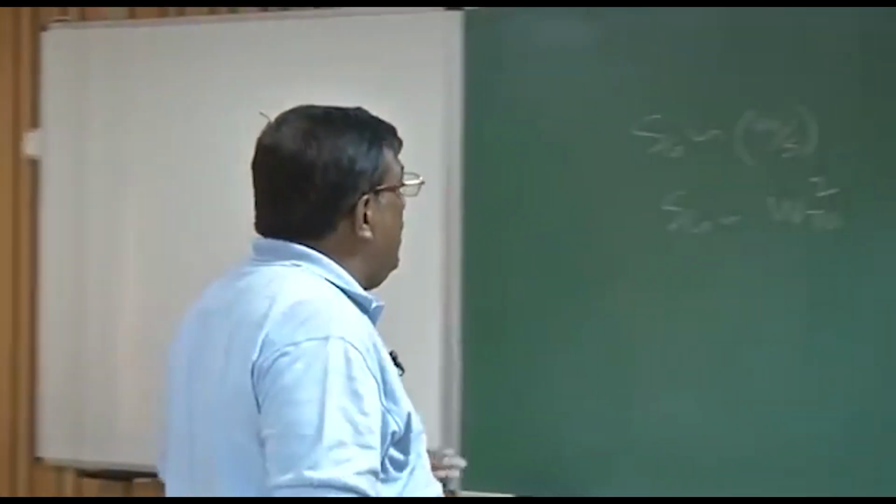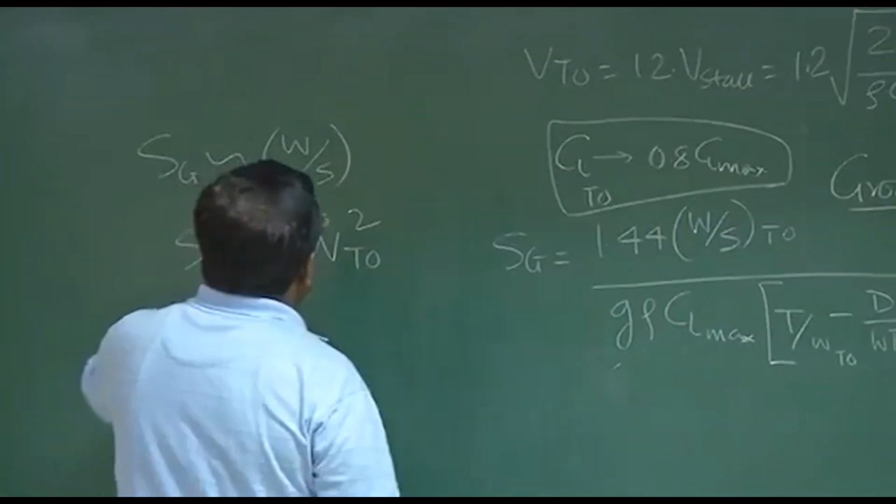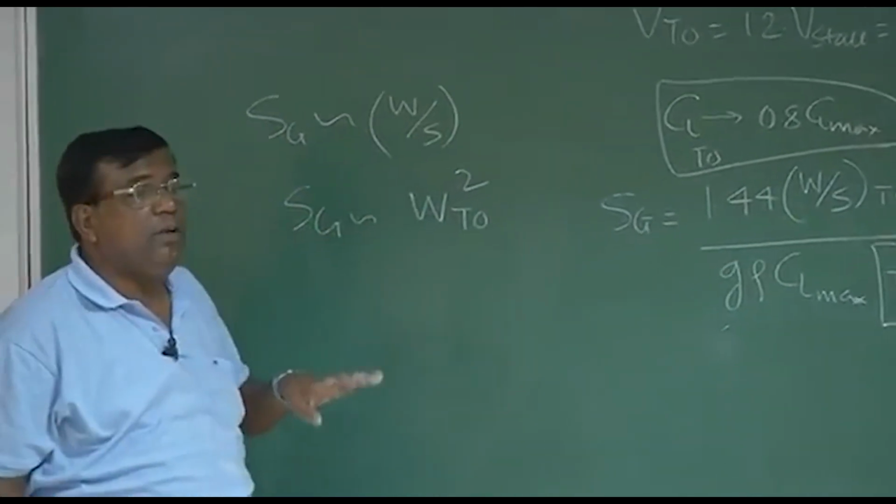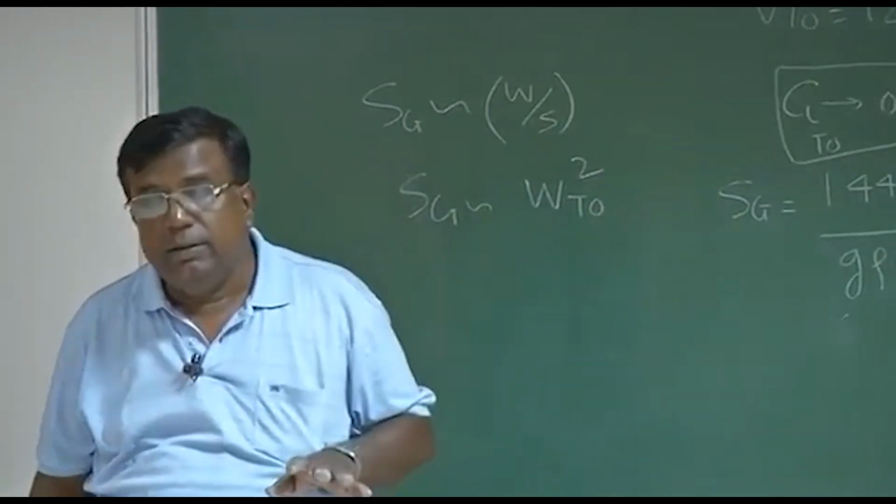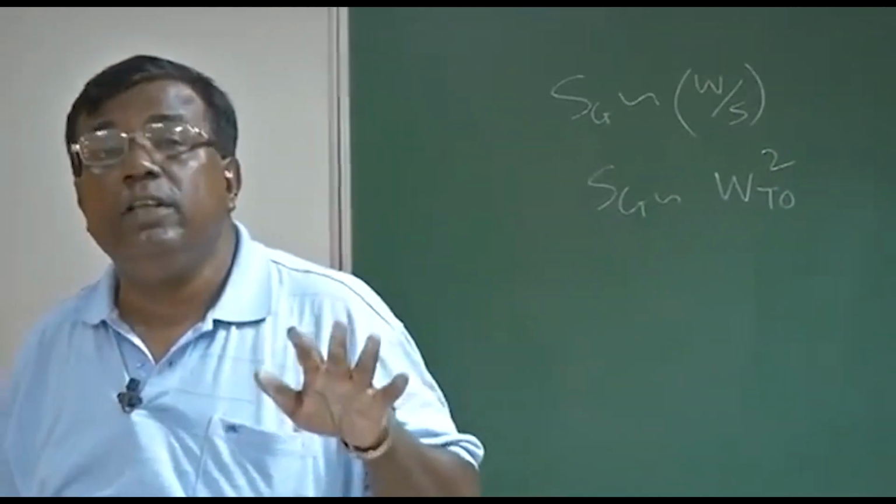The message is, if the weight is increased, a heavier aircraft will have larger SG. That means they require a larger ground roll distance to achieve V takeoff. So the moment you want to design a heavier aircraft, you should be careful. It will demand a larger ground roll distance.